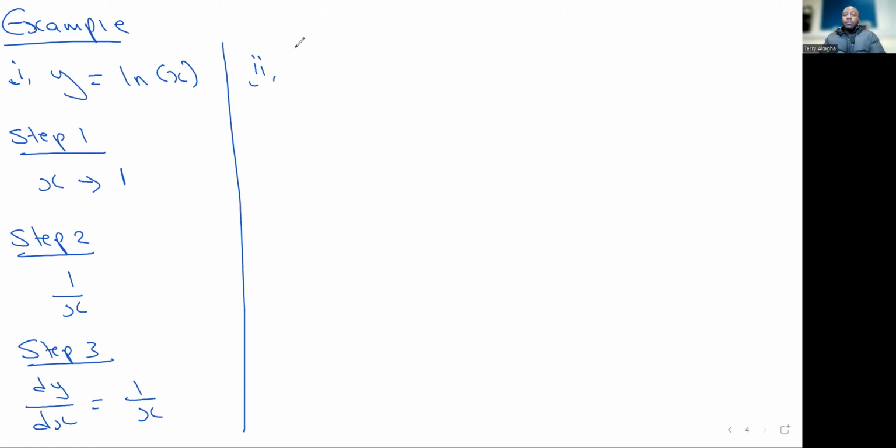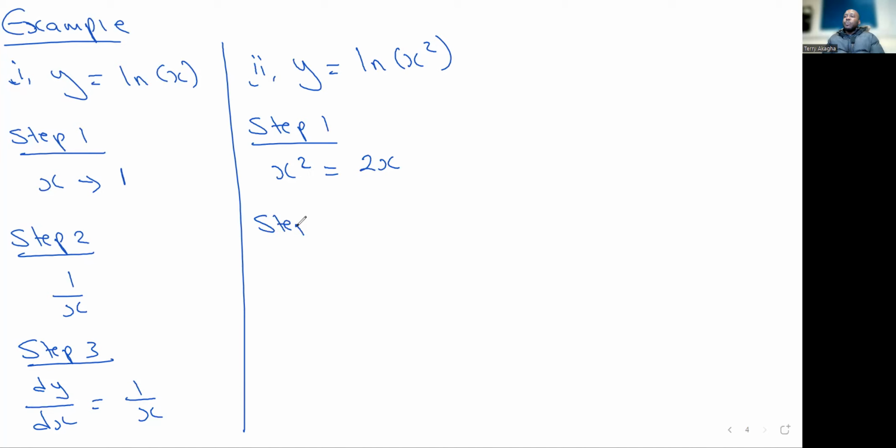The next one, we have y is equal to ln x squared. Are you seeing it? Step 1, what is in the bracket? We have x squared. Differentiate x squared, and that will give you 2x.